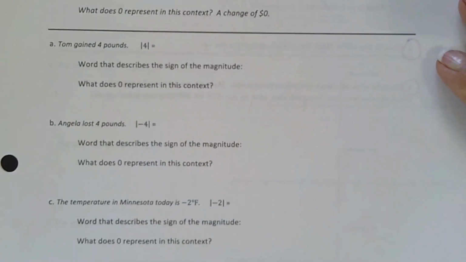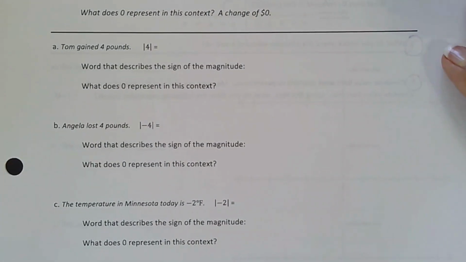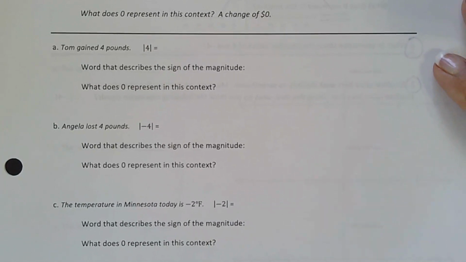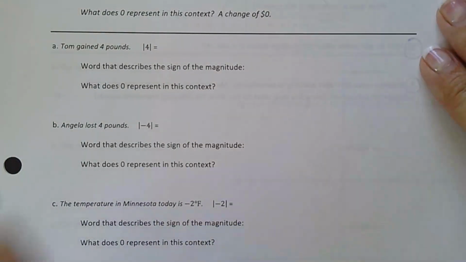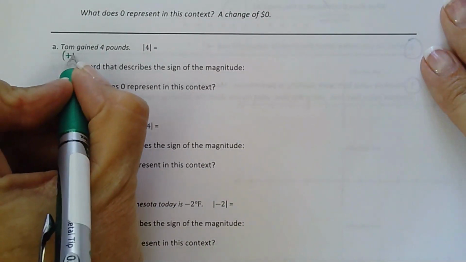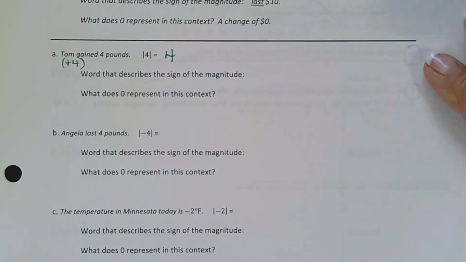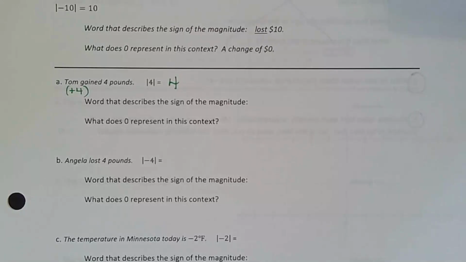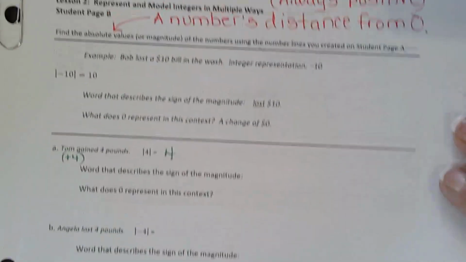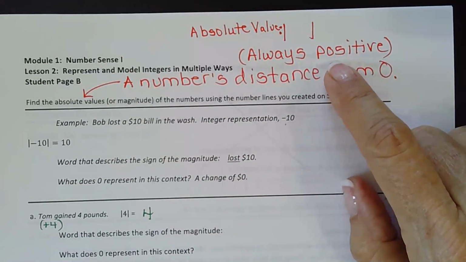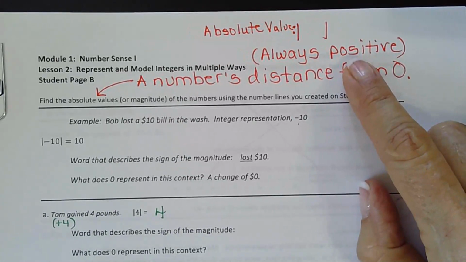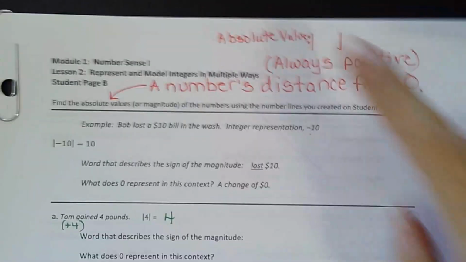So Tom gained 4 pounds. So we know that is +4 for the number. Its absolute value would also be +4. Some people think, oh, every time I see those symbols, I change the sign. Not true. The answer's always positive when it comes out of the absolute value signs.